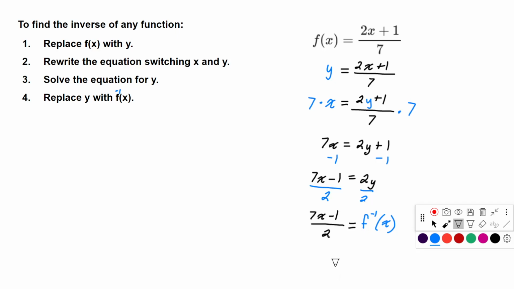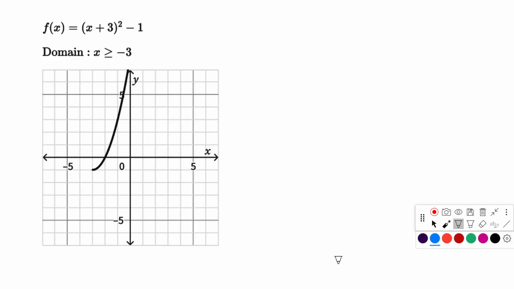And that's how you find the inverse of any function. Start by replacing the function notation with y, switch your x and y, and solve for y. So let's take a look here. You'll notice that this one we are given a restricted domain, that x has to be greater than or equal to -3.